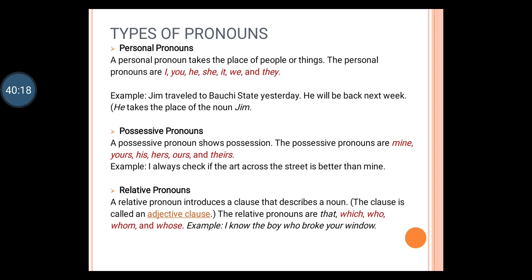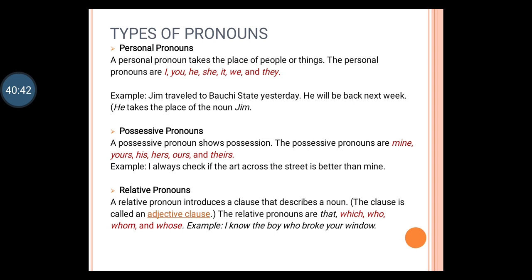So possessive pronouns show possession. Then we have relative pronouns. A relative pronoun introduces a clause that describes a noun. The clause is called an adjective clause or an adjectival clause. You'll get to know all this as you go higher, but just know that a relative pronoun introduces a clause.